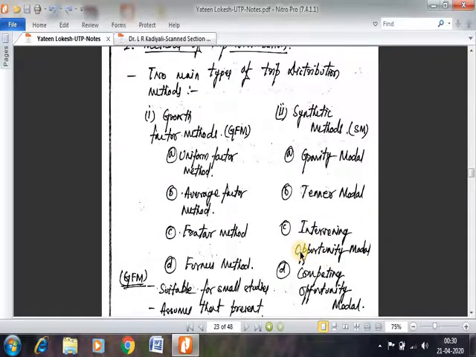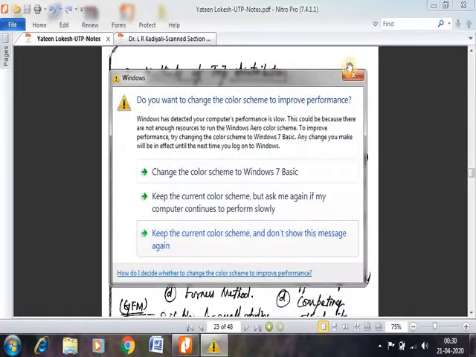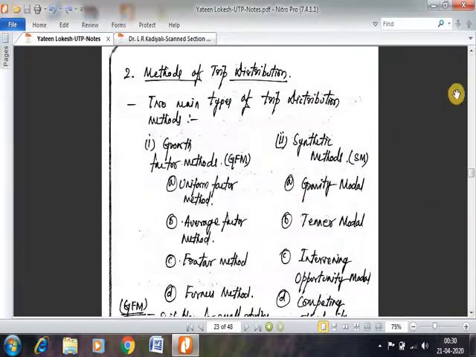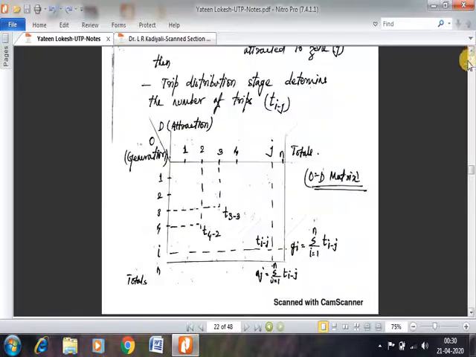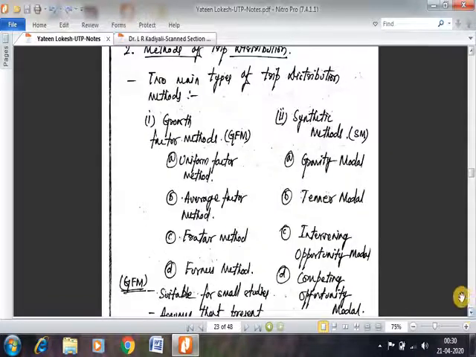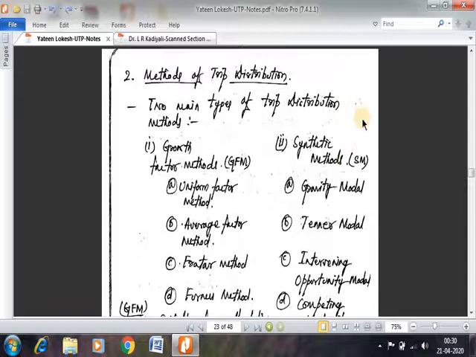Okay, with this basic, I think we already had a discussion on the various methods of trip distribution that are available for studies. There are basically two types of trip distribution methods on a broader context. One is the growth factor method and the other one is the synthetic method.